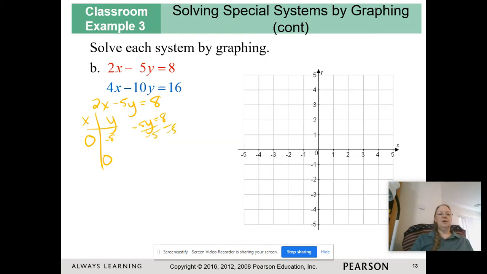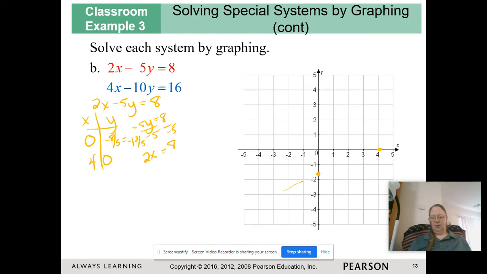I get negative 8/5, which is negative 1 3/5. So it's going to be a little bit more than halfway between negative 1 and negative 2. Now I'm going to plug in 0 for y. So I've got 2x is equal to 8, or x is equal to 4.